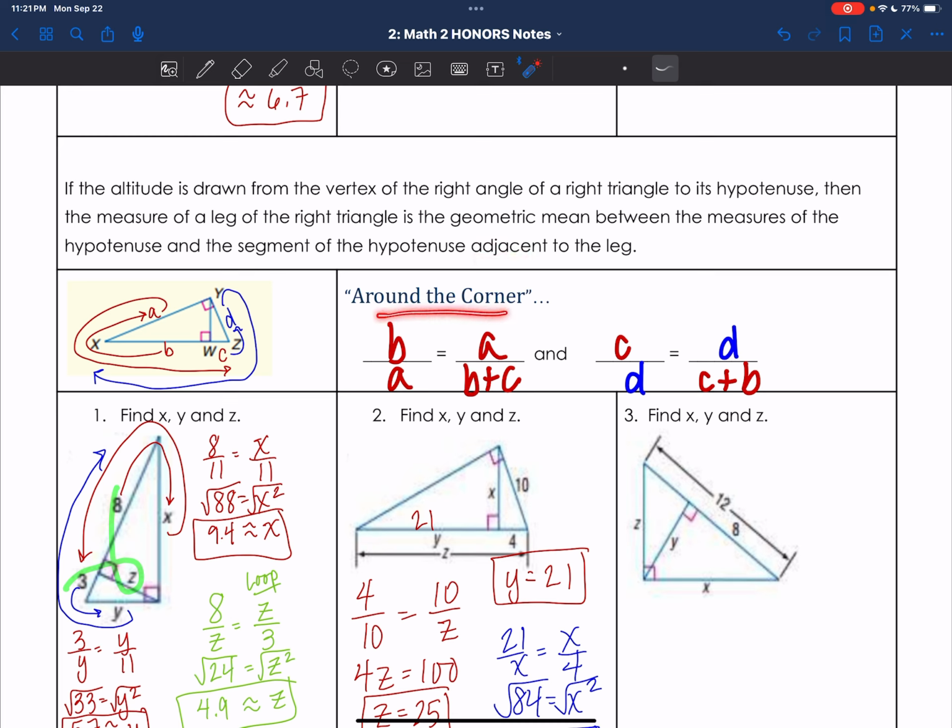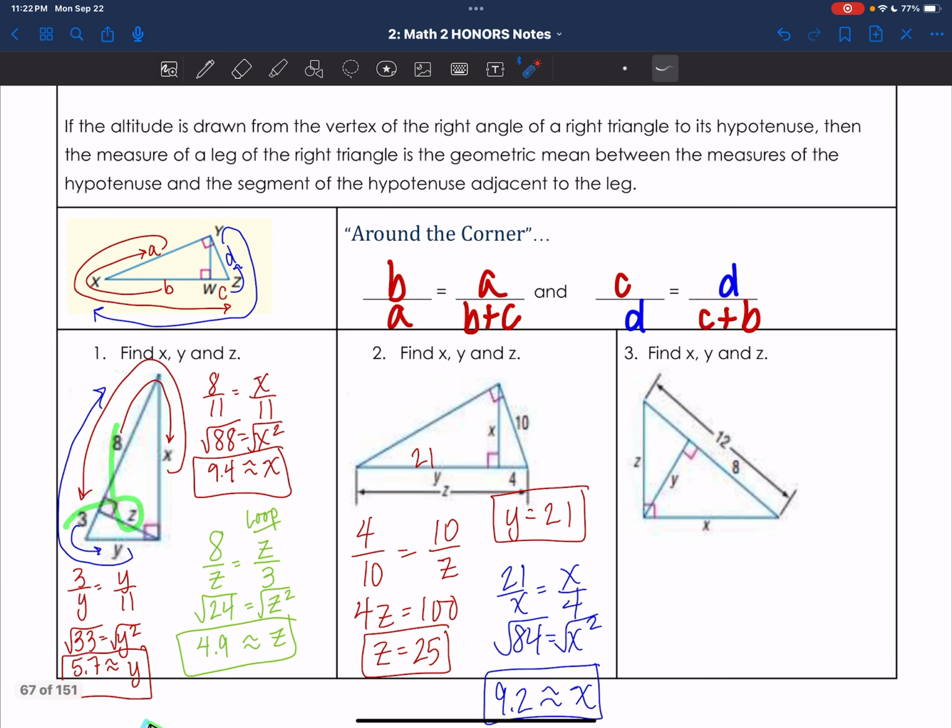So we can call this around the corner, and the lines look pretty crazy, but we can say b over a is equal to a over b plus c. So that's one way to think about it. Another way to think about it, I'll show you in a second. And then we can also have c over d, because that's the hypotenuse of the little triangle, is equal to d over this hypotenuse. So we're just setting up different proportions.